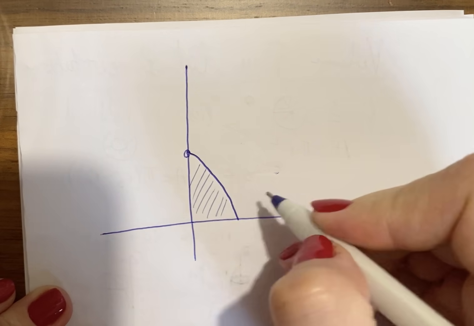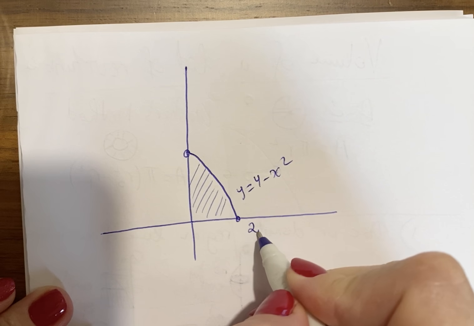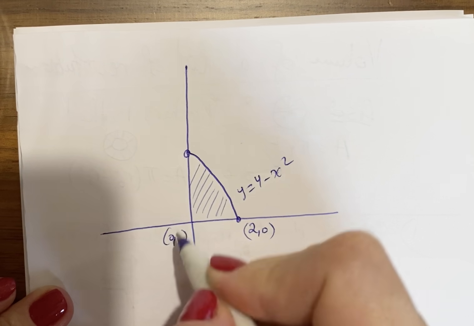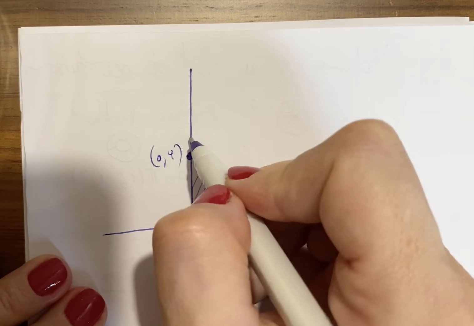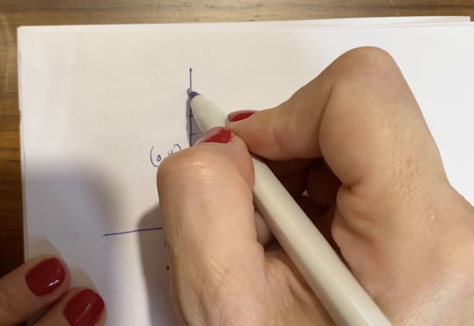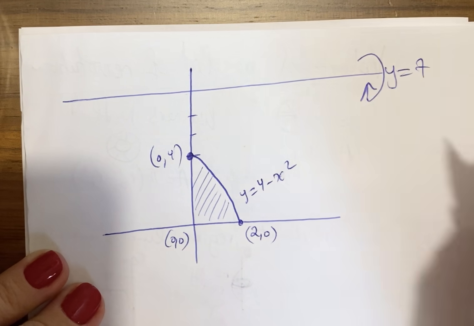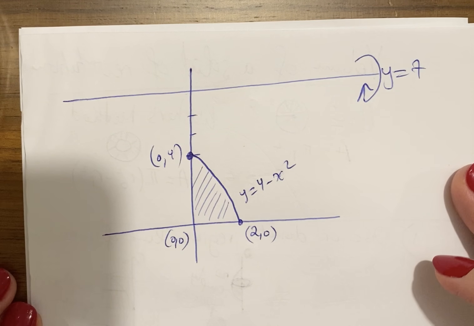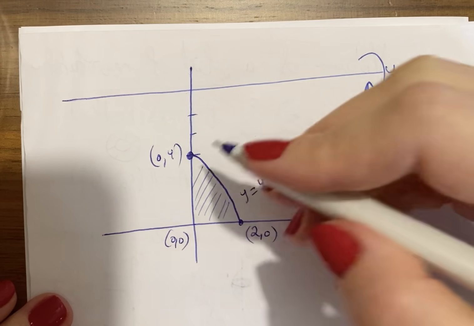This is the region, and this is the line y equals 7. We want this as our line of revolution.